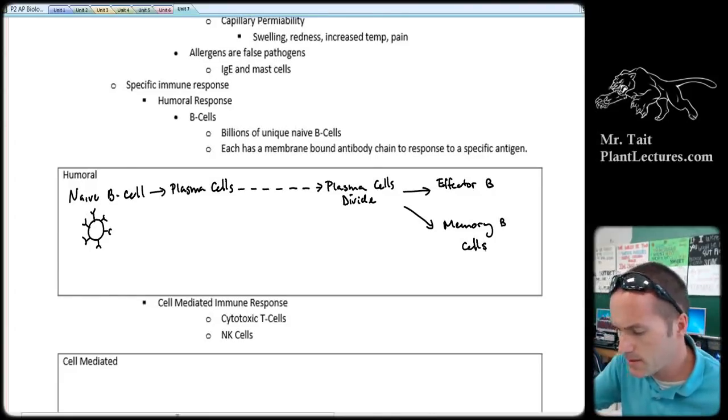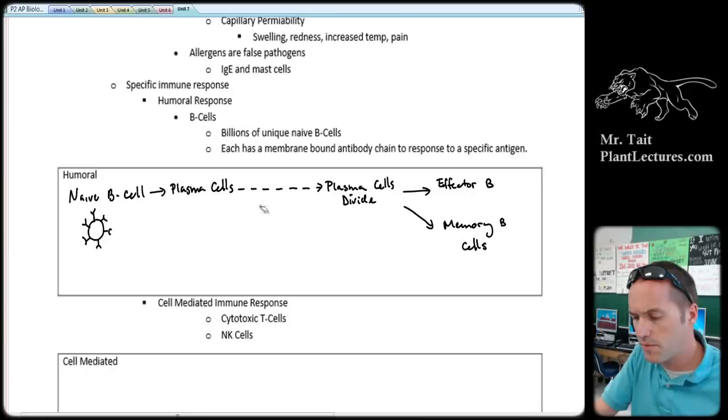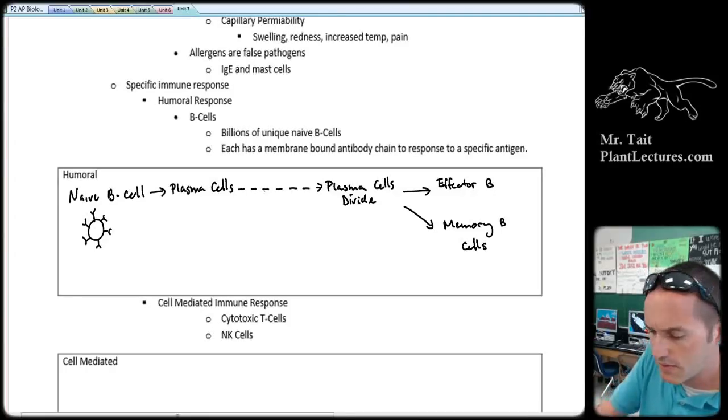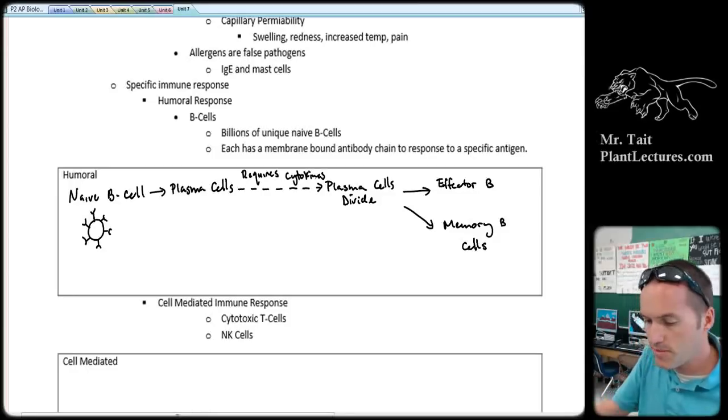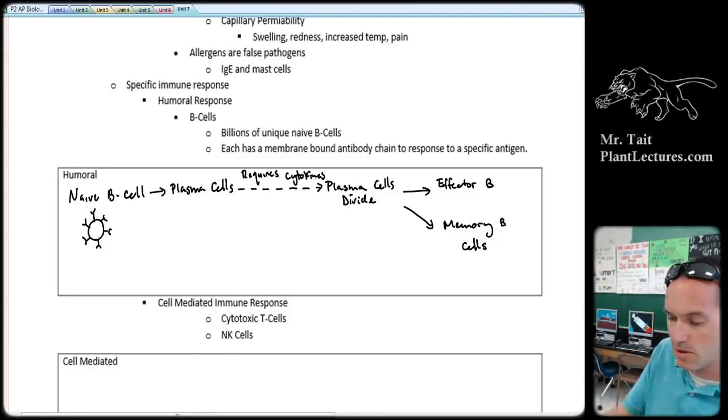And in order to divide, in order to be allowed to divide, they need these things that are called cytokines. So it requires cytokines. And where do cytokines come from? Cytokines are released by these things that are called helper T cells.